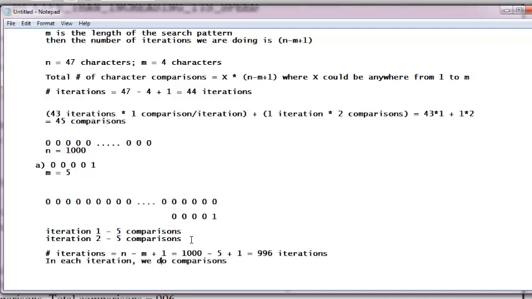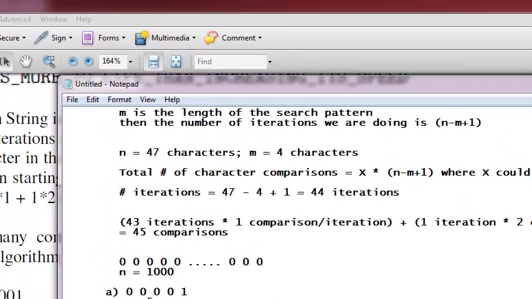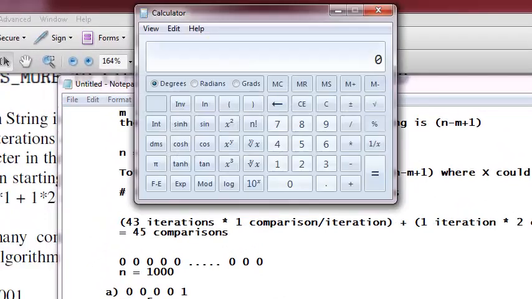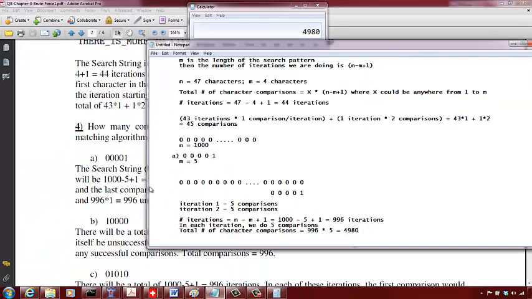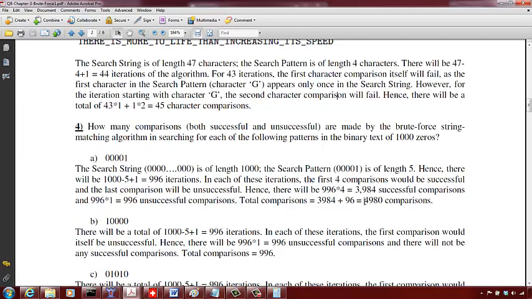We do 5 comparisons. So the total number of character comparisons is going to be 996 times 5, which is 4980 if you do the math. So that's your final answer.